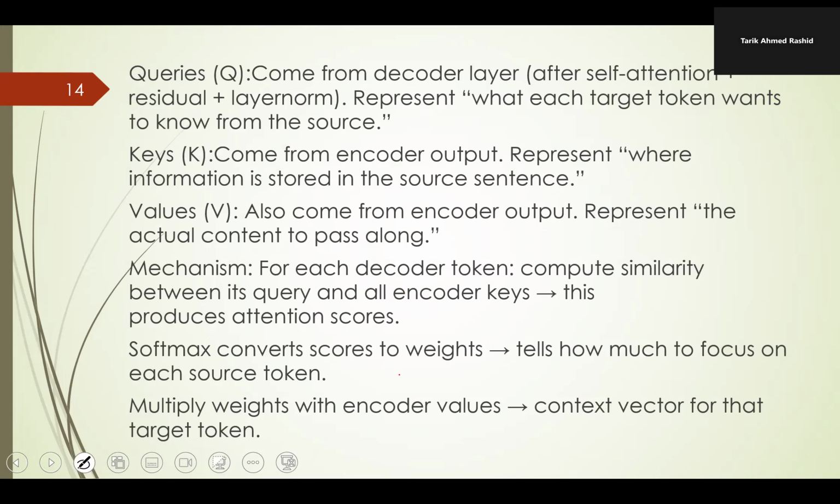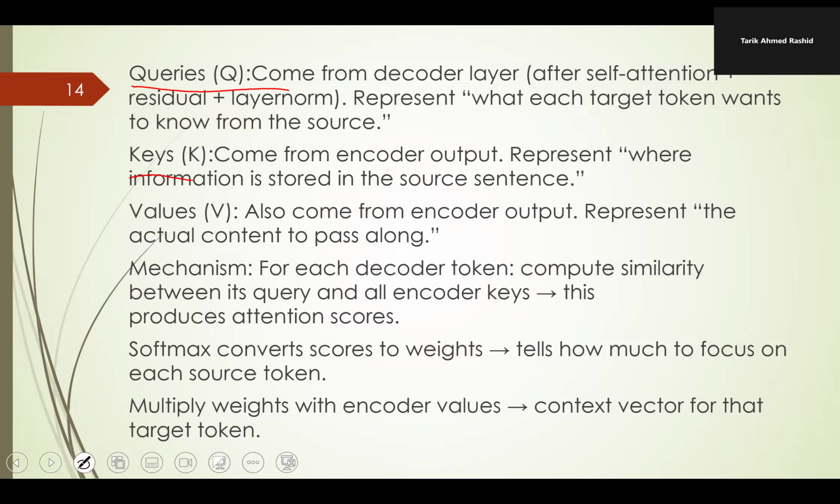So we said that the query comes from the decoder after self-attention, residual, and layer norm, and it represents what each target token wants to know from the source. And the keys come from the encoder output, which represents where information is stored in the source sentence.